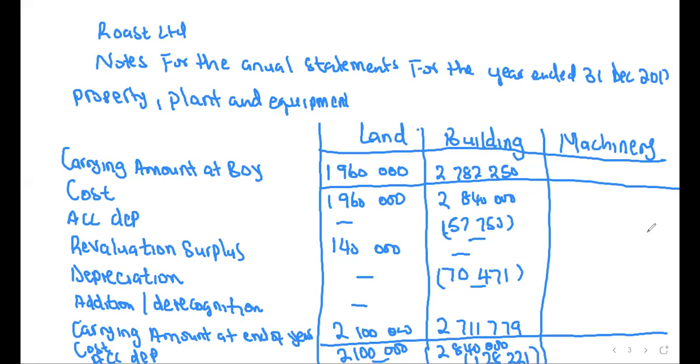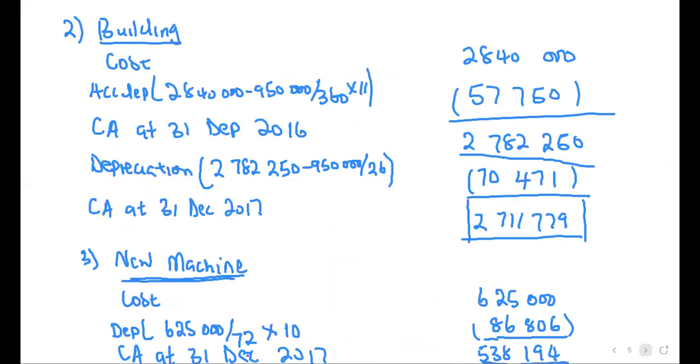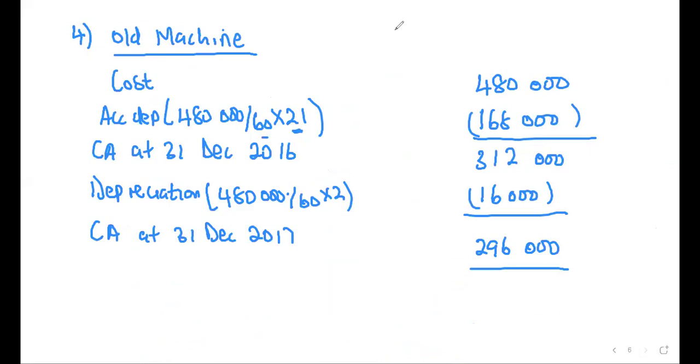Then we are done with the building, we go to the machine. What was the cost of the machine? The machine, there is 480,000 plus the one that was acquired, 625,000.